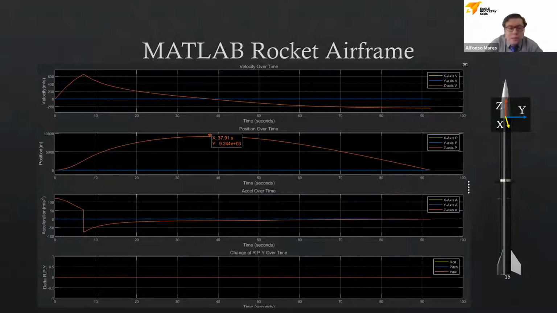In the position, you can see the Y goes up to 9,144 meters or 30,000 feet. And this simulation also includes the input of drag as it's moving upward in its vertical flight. There's no change in roll, pitch, and yaw due to making this ideal and having no moments instilled in it.